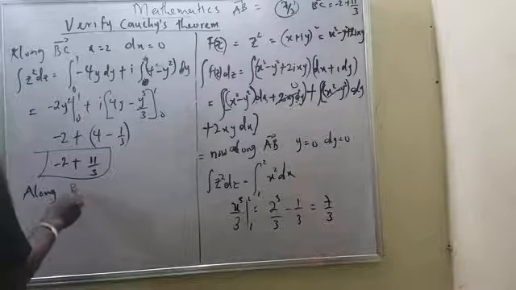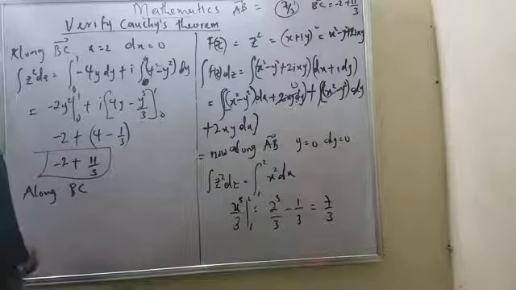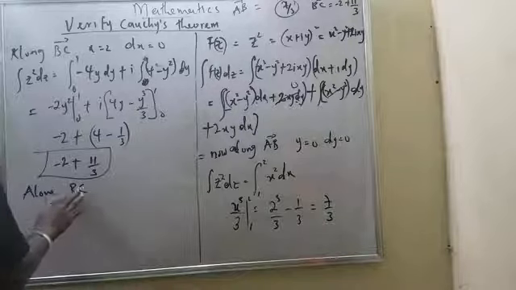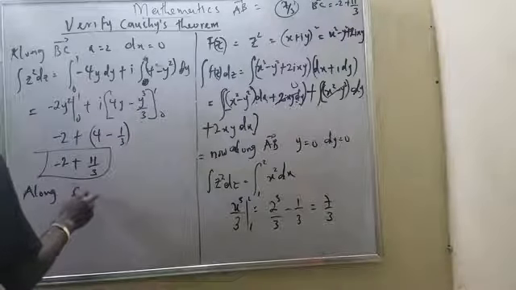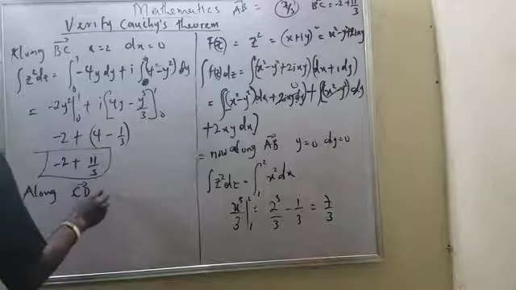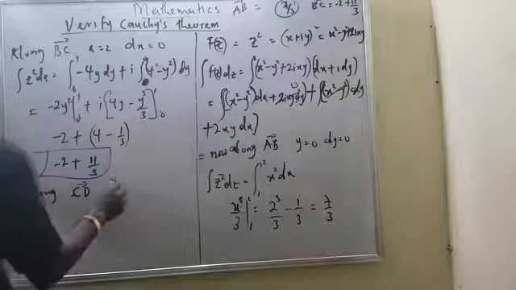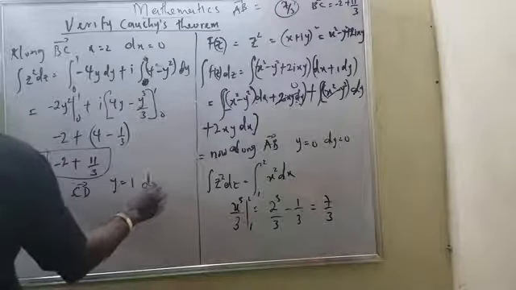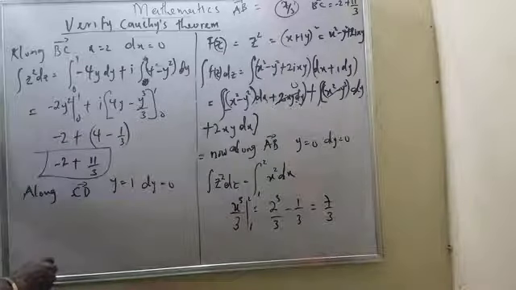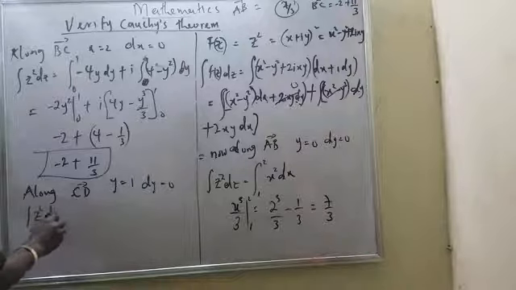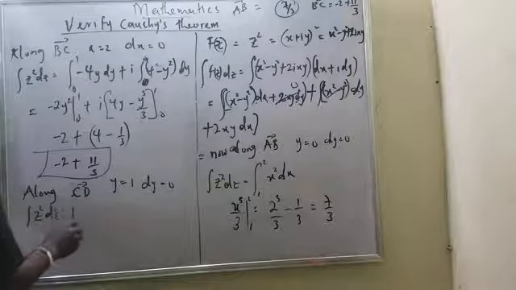Along BC, along this one is along CD. Along CD, y will be equal to 1, dy will be equal to 0. Now, it means the integral of z squared dz will be equal to the integral from 2 to 1.